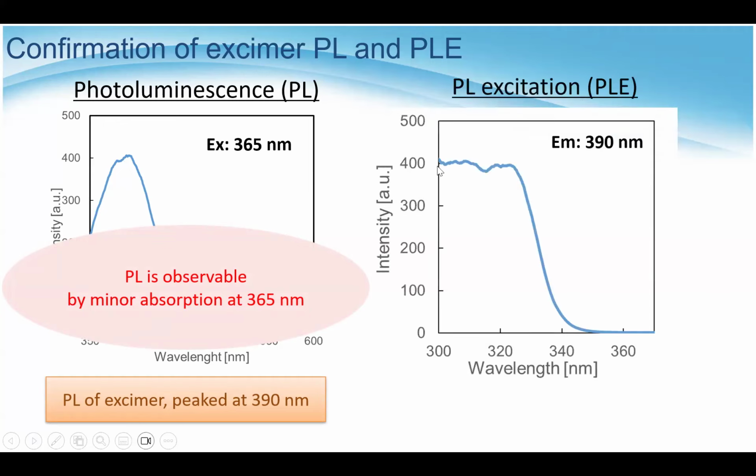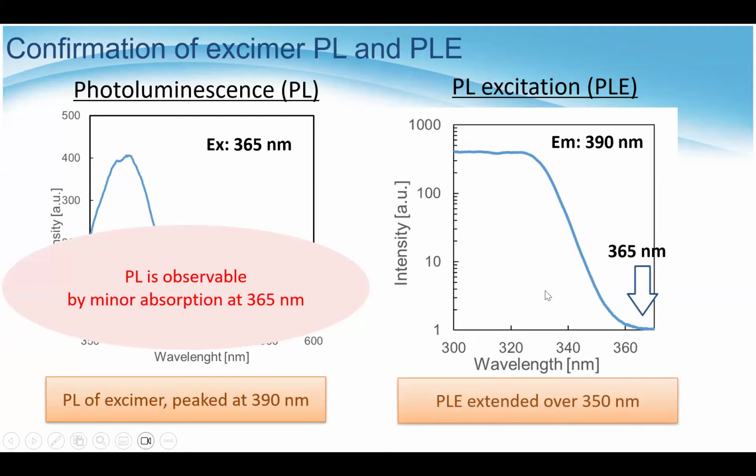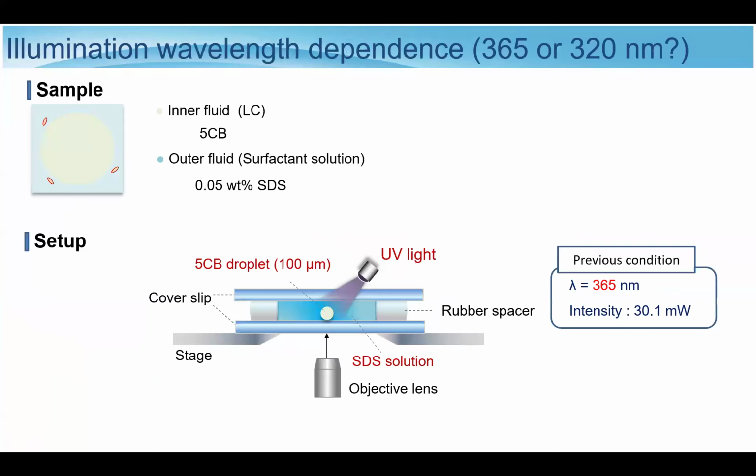Then we tested the PL excitation, observing at 390 nanometer and scanning the pump light. It seems almost nothing, but on a logarithmic scale, it actually extends into this wavelength region. At the same time, if this is true, 320 nanometer in the deeper UV region is appropriate for excitation of the excimer state.